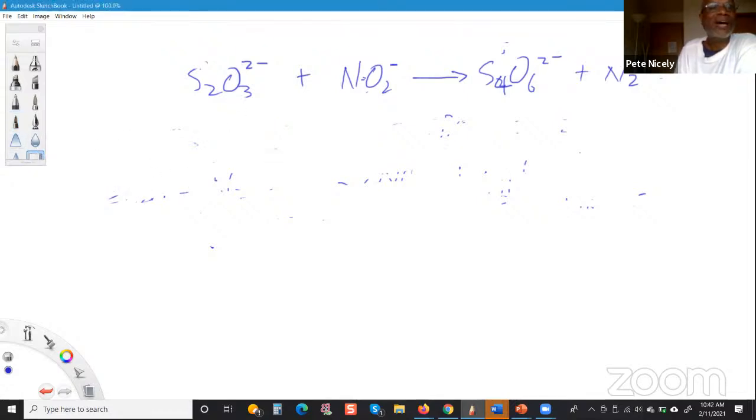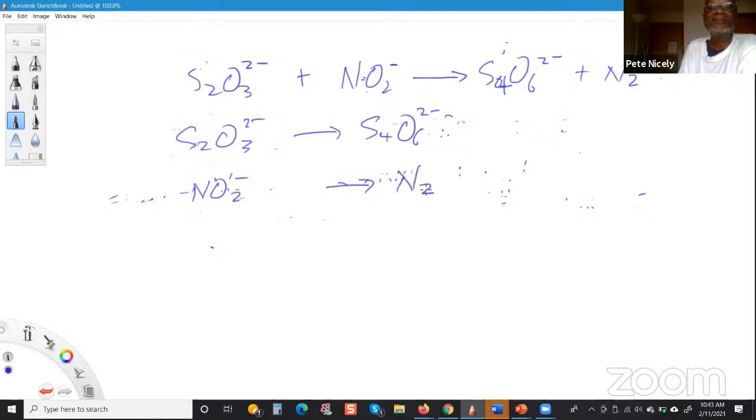So we separate into two half equations. S2O3 2 minus to form S4O6 2 minus. And we have NO2 minus here and N2 here, all right?